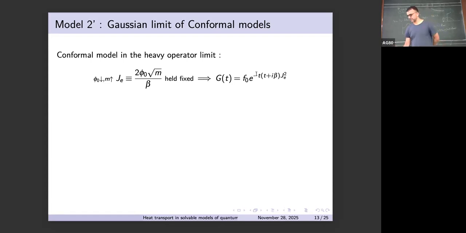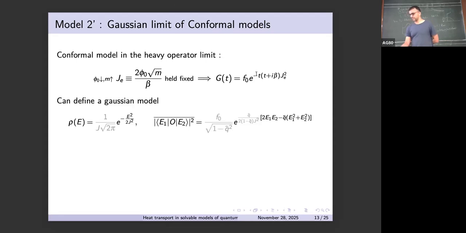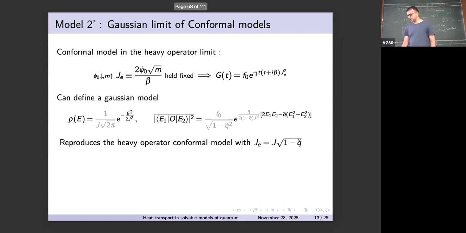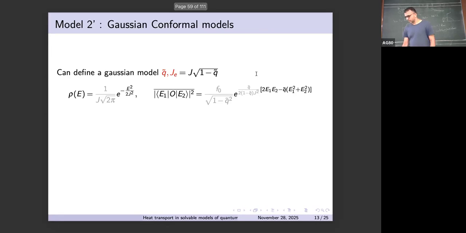So you could ask whether this 2-point function is, let me just say that there's a choice of spectrum and matrix element squared, which gives you this 2-point function. This spectrum is exactly what people had anticipated before, just a Gaussian. And there is some choice of matrix elements which gives you exactly this 2-point function. I will not bore you with the details.